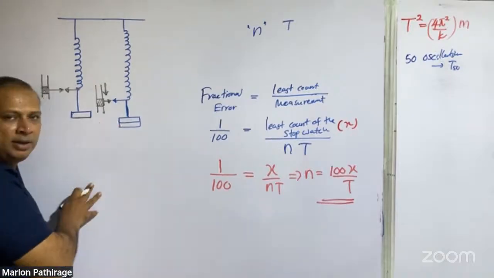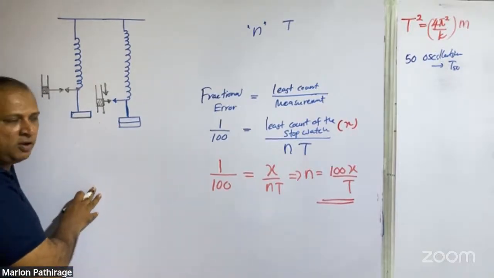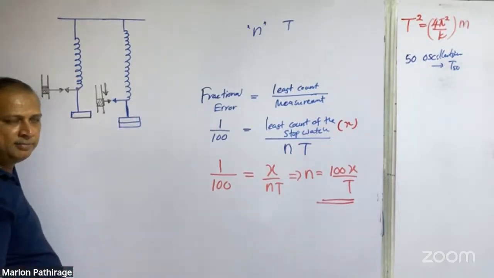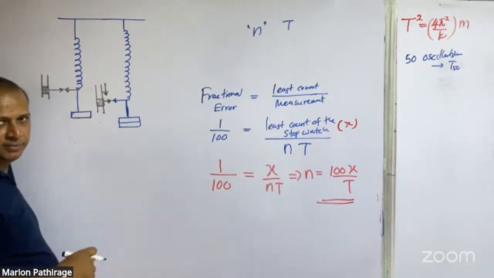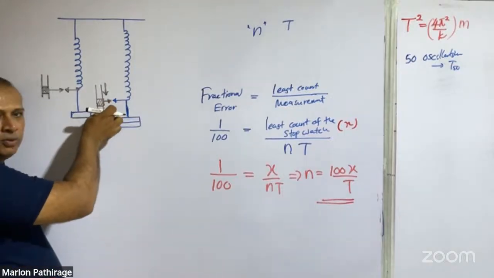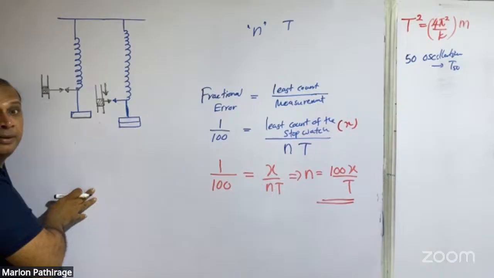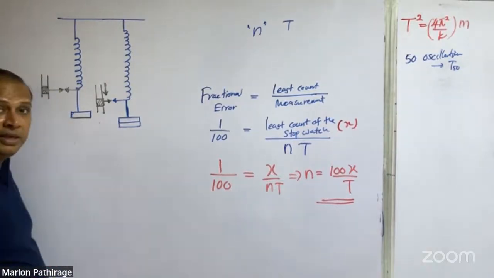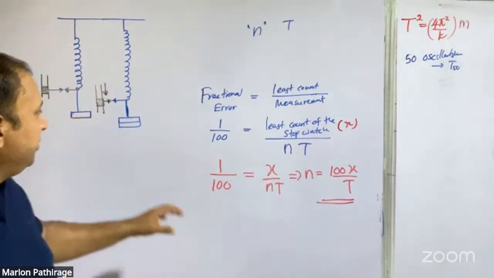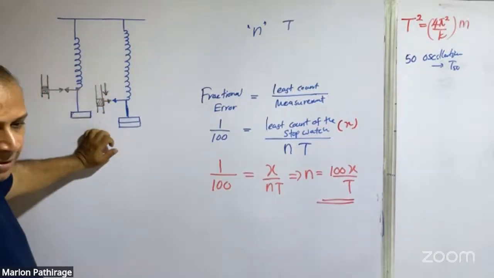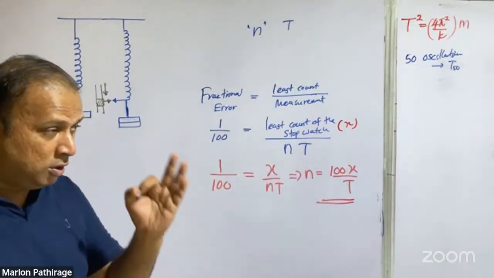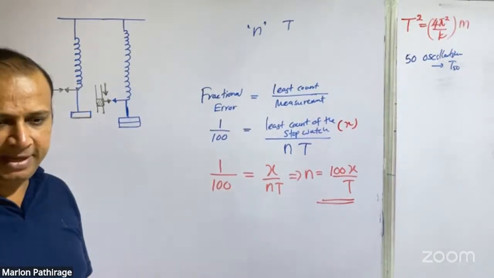When you add the mass, remember definitely the equilibrium position will go in the downward direction. Therefore, once you add the mass, you have to bring the locating pin in the downward direction to locate it in line with the indicator.